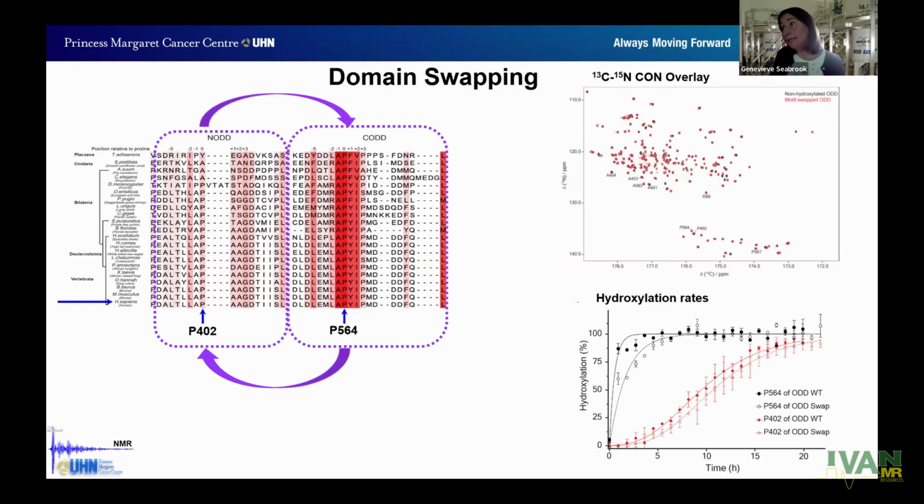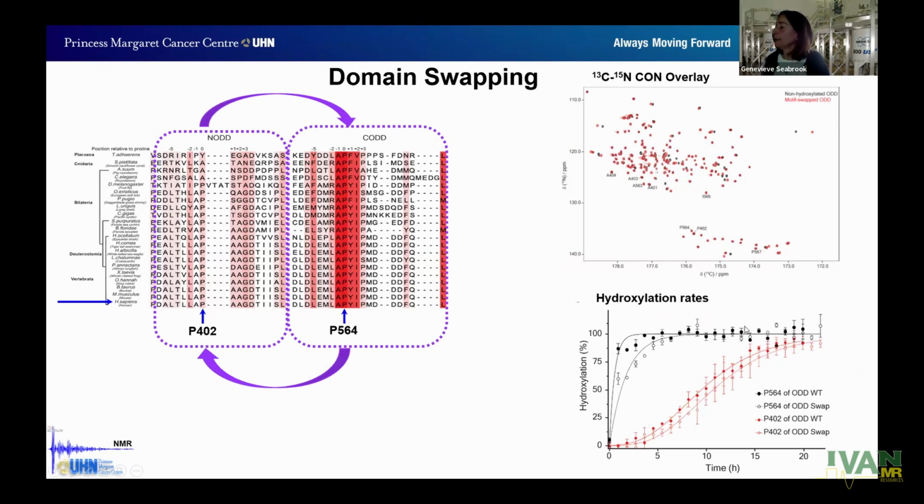So we went on and did a domain swap where we completely swapped the whole domain, these two domains. Again, you can see on the right the overlay of the HSQC before hydroxylation and after hydroxylation, and you get pretty much a similar spectrum.